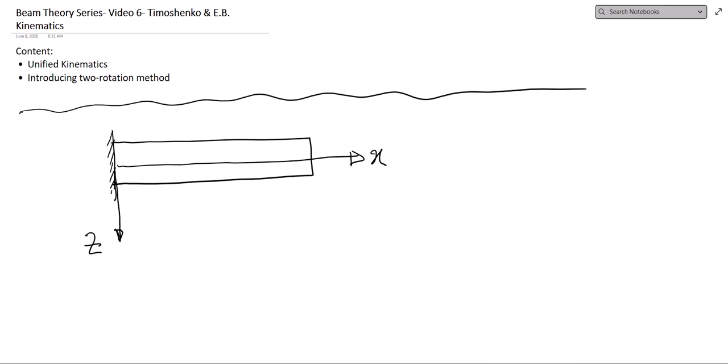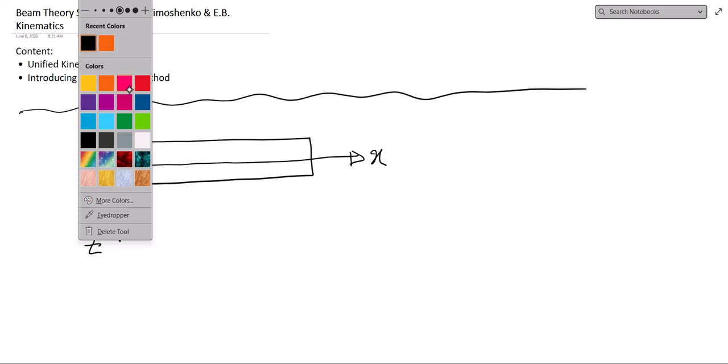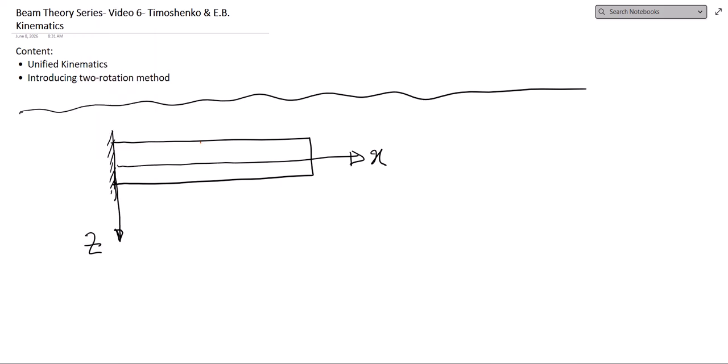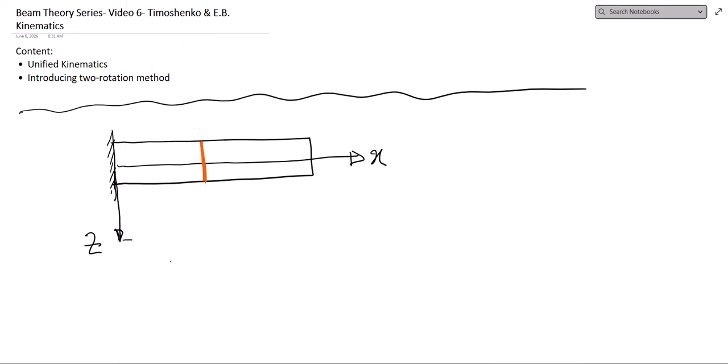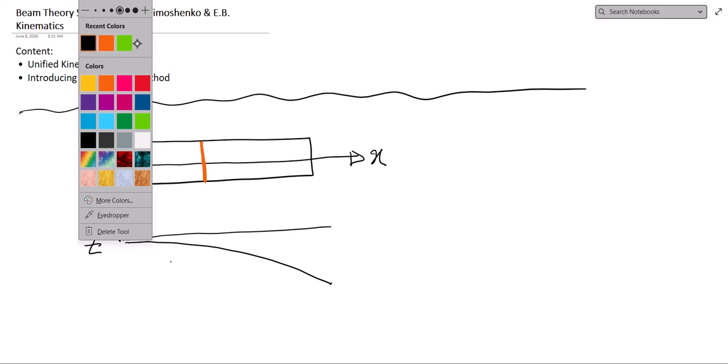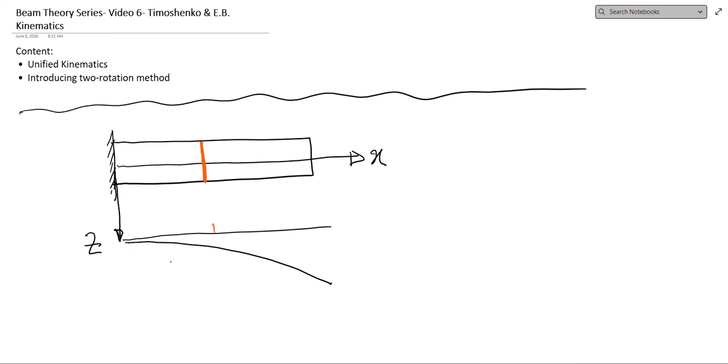Now, one thing that we discussed in the previous videos is this: if I have a cross section at any location along the beam axis, and I have the cross section after the beam is deflected, and I just draw the center line here, this cross section will be translated in the Z direction, and then it will have some rotation.